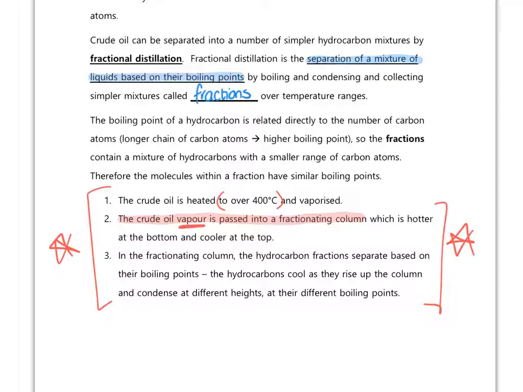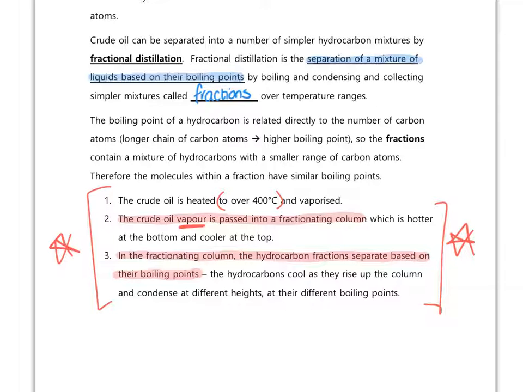And the third key point then is in the fractionating column, the hydrocarbon fractions separate based on their boiling points. And again, if you were simply describing the process, that's all you'd need to write. But it just goes on a bit and explains that the hydrocarbons cool as they rise up the column and condense at different heights at their different boiling points. It's essentially just explaining it.